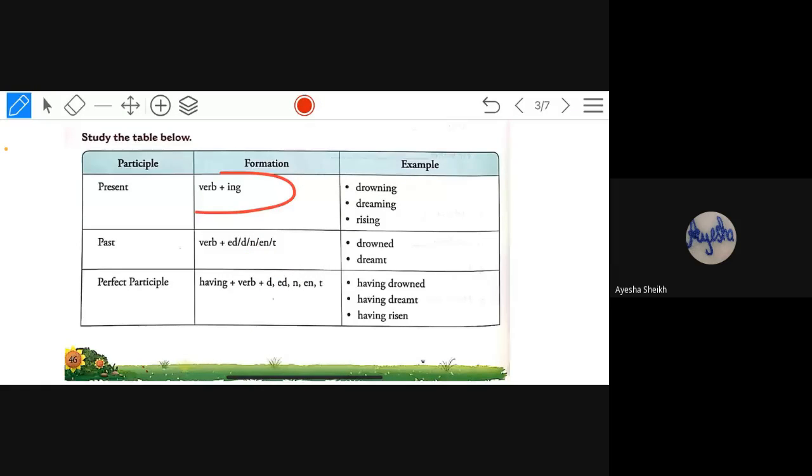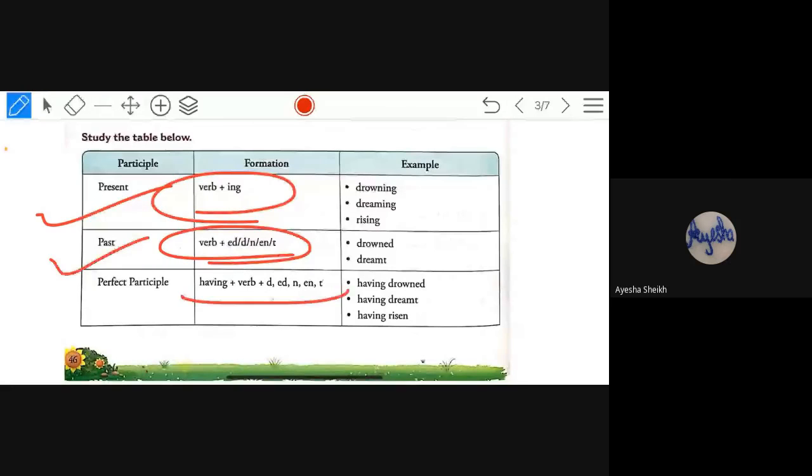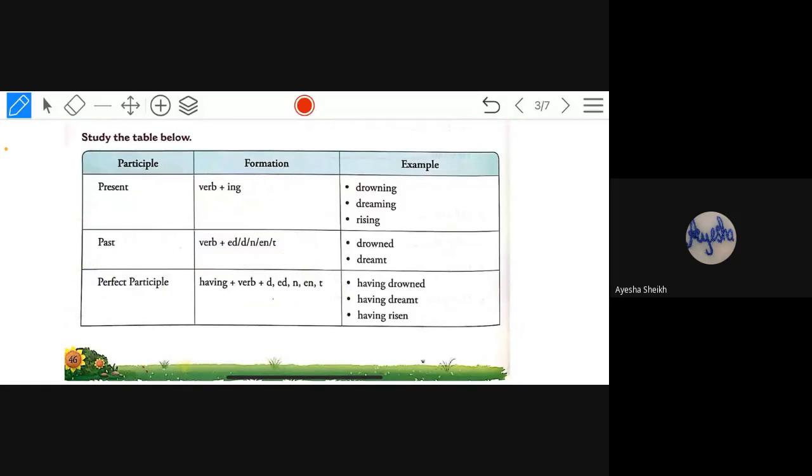Yes. Verb plus ing means it is present. Verb plus d, ed, en, or t means it is past. Having plus verb is given, then it is a perfect participle. Examples are shown over here. So can you identify all these three in a sentence? Yes.